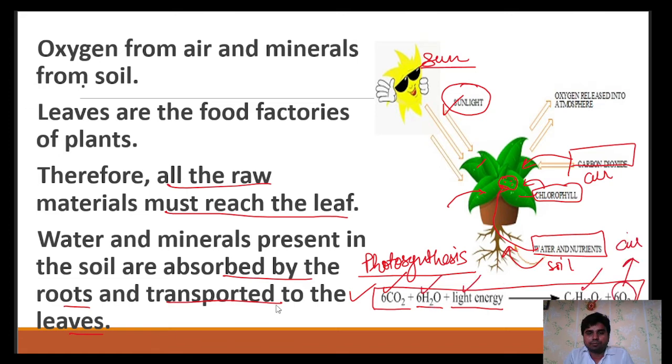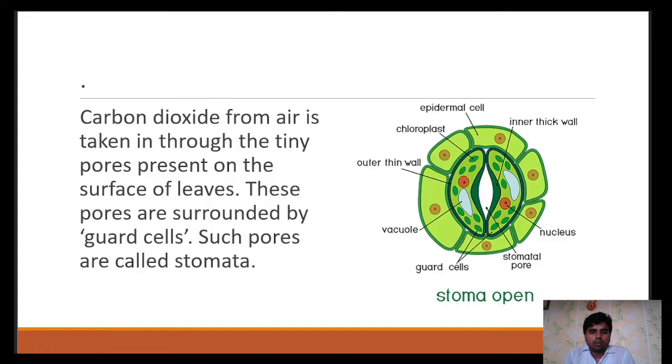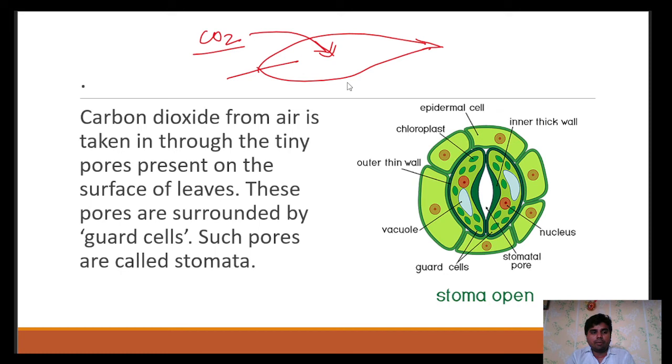Okay, so moving forward, student. We have talked about the carbon dioxide going inside the leaf. So how does it go inside the leaf? We cannot see any type of pores in the leaf. Have you seen any pores? Of course not. But dear student, let me tell you one thing, if we do a cross section of this leaf, then we can see different types of cells, among which there is a stomata present in the leaf.